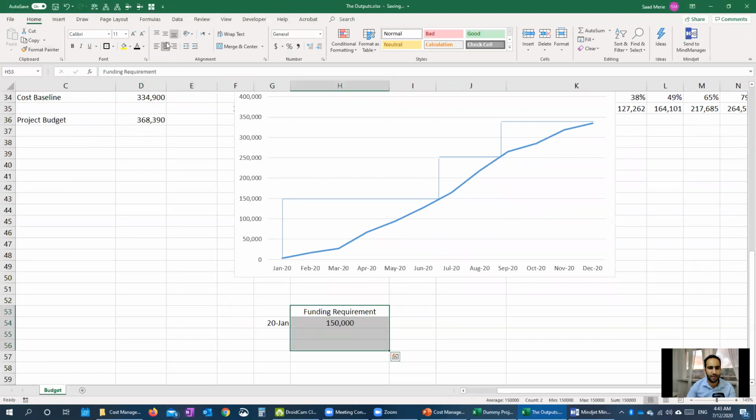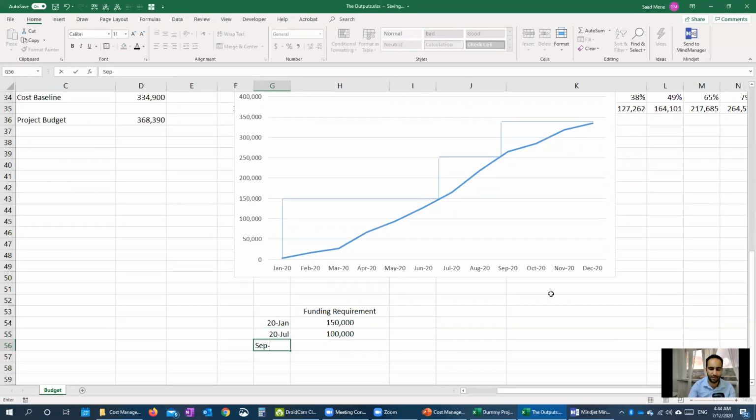And it looks like in July, or at the end of June, I asked the management for an extra 100,000. And at the end, in September, I asked the management for the remaining amount, which is the cost baseline.